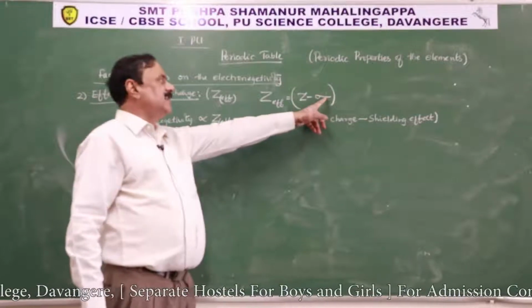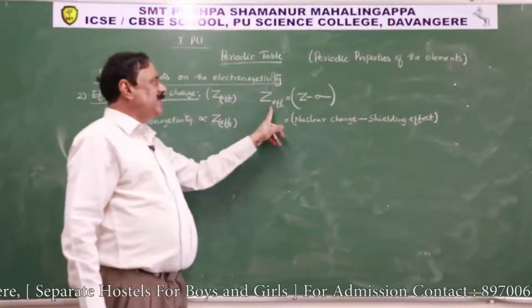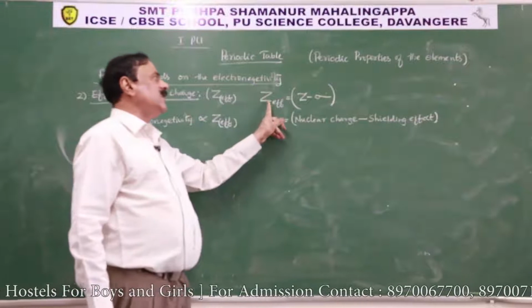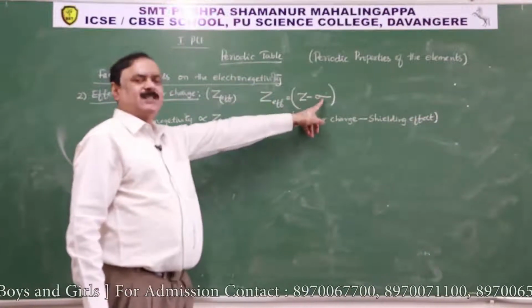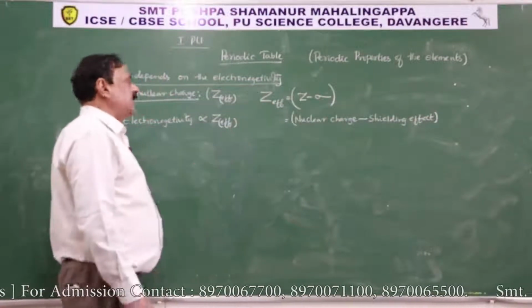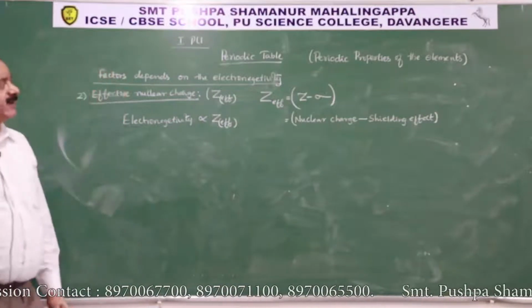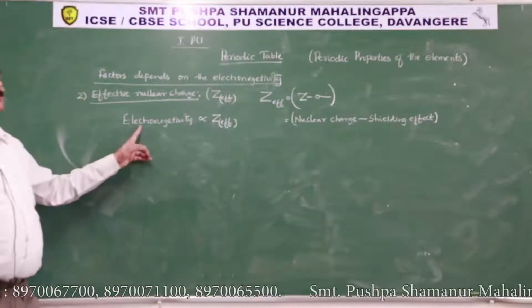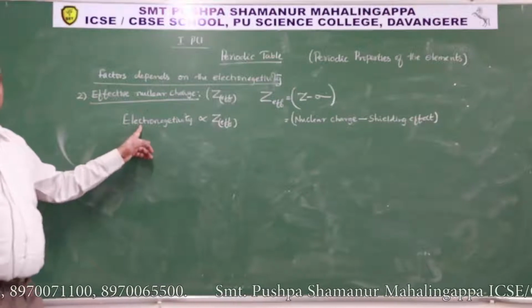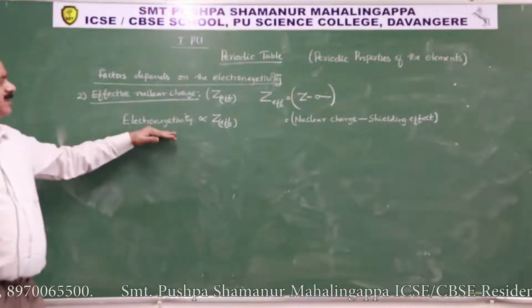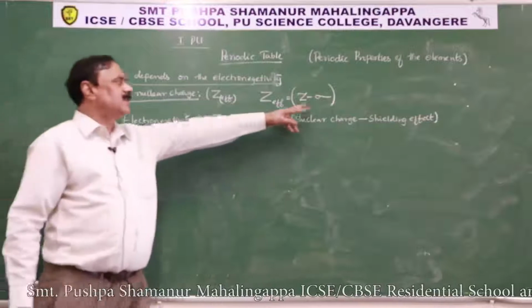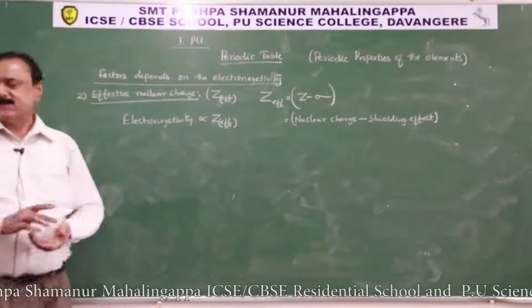Whenever the shielding effect is minimum, the Z effective is maximum, because Z effective is obtained by Z minus sigma. Therefore, whenever the sigma value is minimum, Z effective is maximum, and hence the electronegativity is maximum. Usually for the non-metals, the electronegativity is maximum.